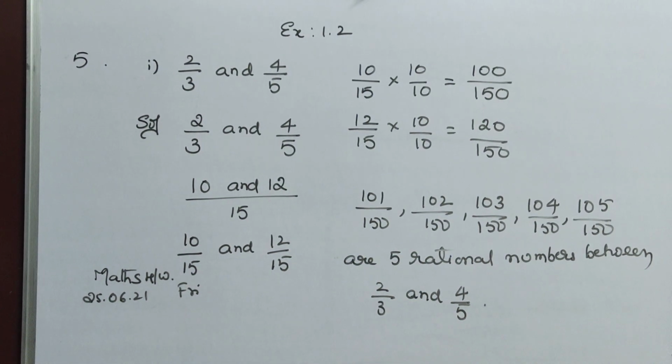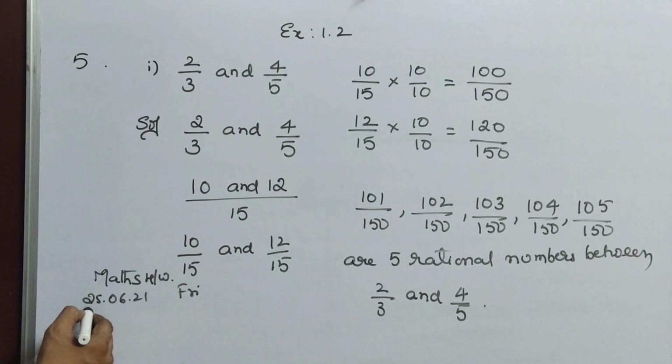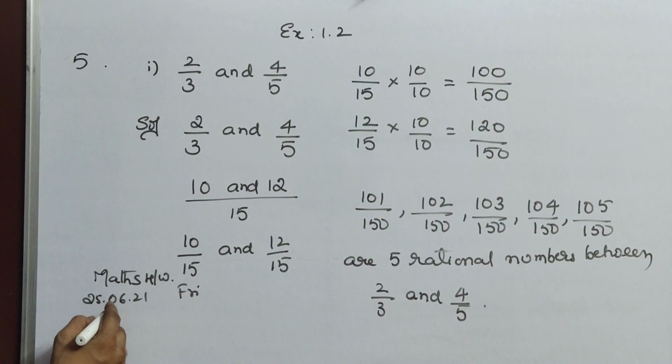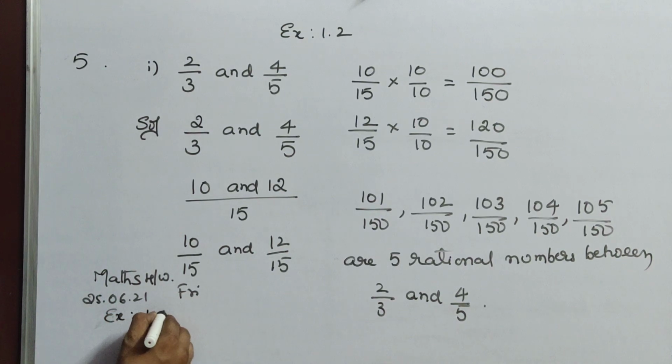Once check your homework. Maths homework, 25/6/21 Friday. Fifth Roman I finished. Sixth Roman, fourth Roman I finished. Fifth Roman, first one I finished. Fifth Roman means the exercise right here, Exercise 1.2.